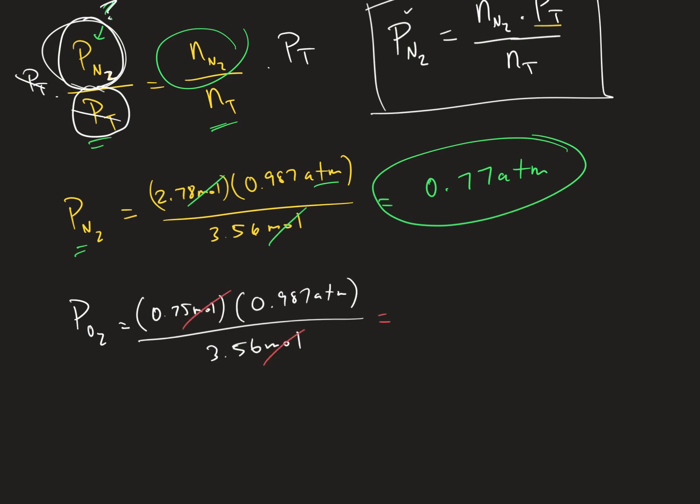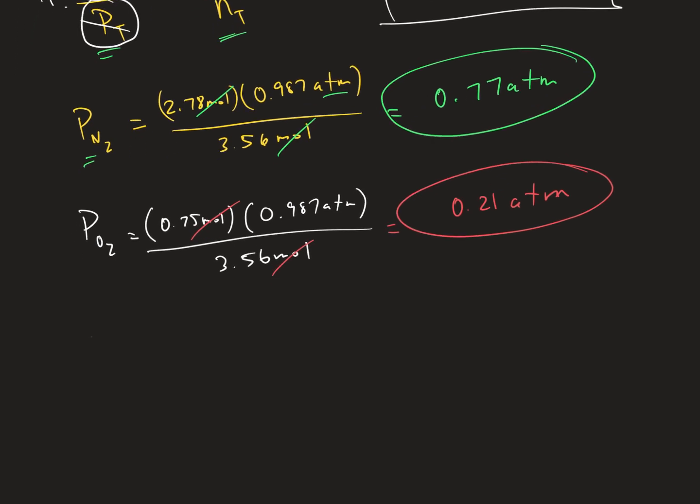And that gives us 0.21 atm. Are you following me? So go ahead and do the last one. The partial pressure of argon goes on top.